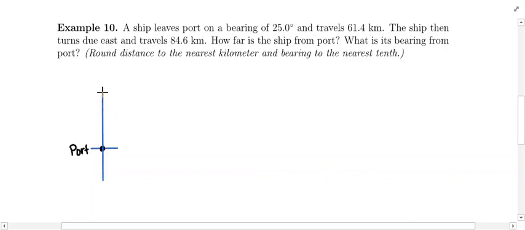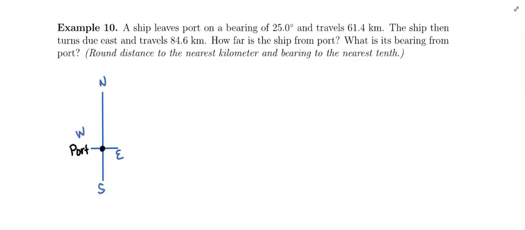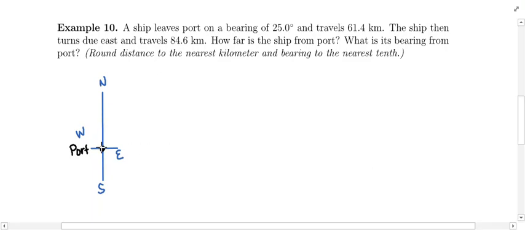I'll put north, south, west, and east. This ship is leaving the port. I'm going to align myself with due north, and I'm going to rotate clockwise by 25 degrees. I'm just going to eyeball that, maybe it's about here.